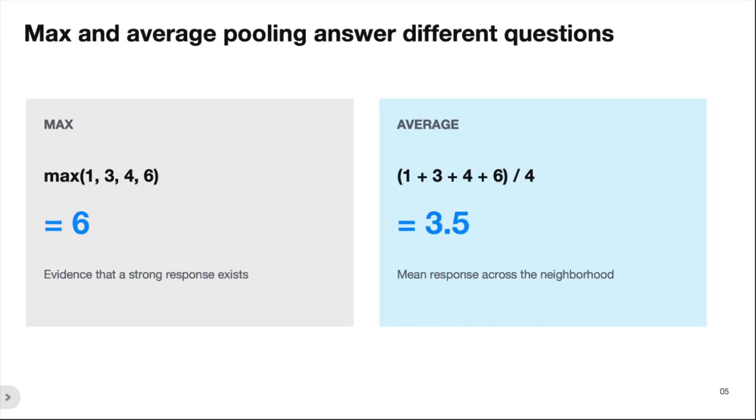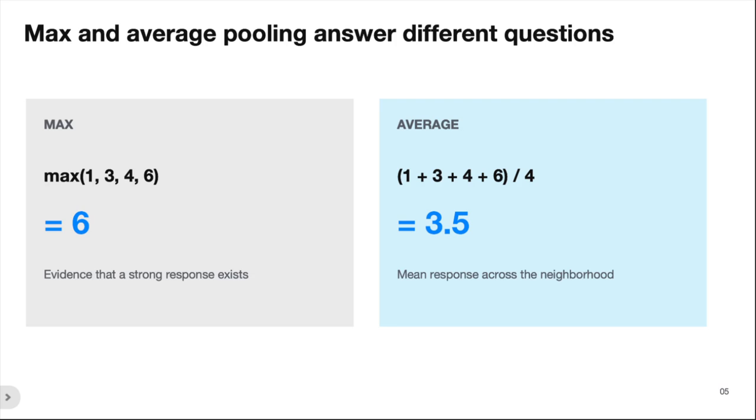Average pooling uses the same sliding window geometry, but computes the arithmetic mean instead of the maximum. For the top left window, 1 plus 3 plus 4 plus 6 equals 14, and 14 divided by 4 is 3.5.